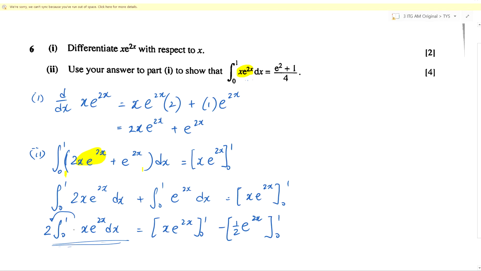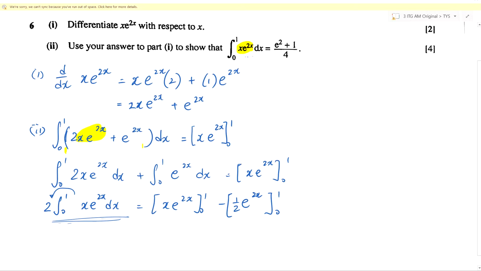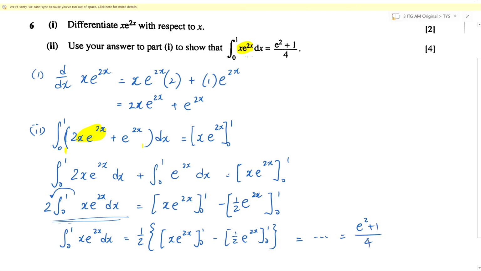And now, to really answer the question, the integral from 0 to 1 of x e^2x dx is actually half of this over here. And I believe you can solve this already. Okay? Work this out. You will have this to be shown equals to (e squared plus 1) over 4.